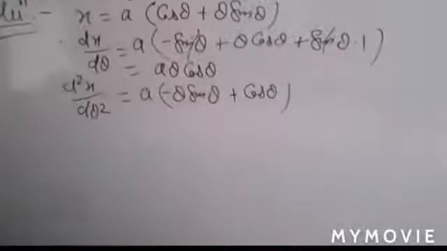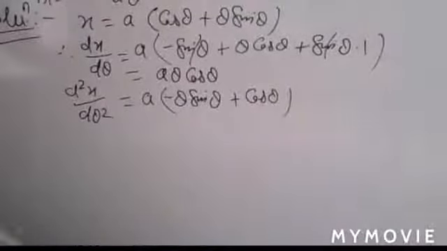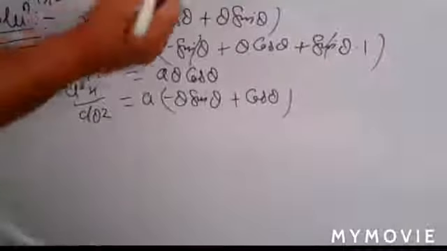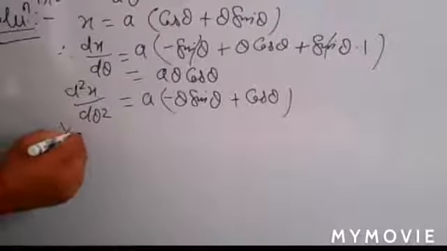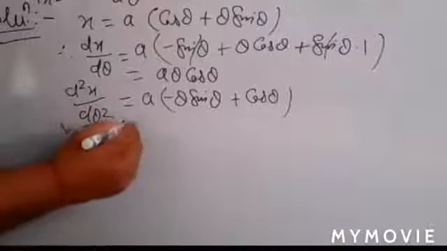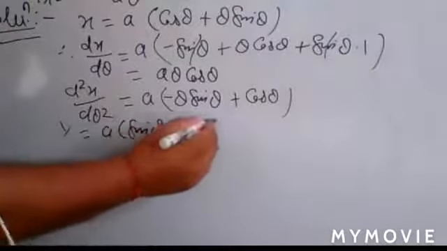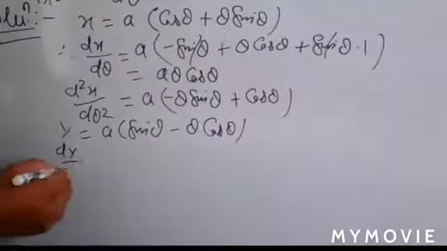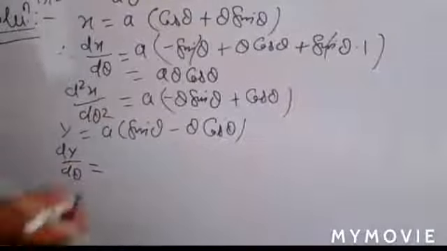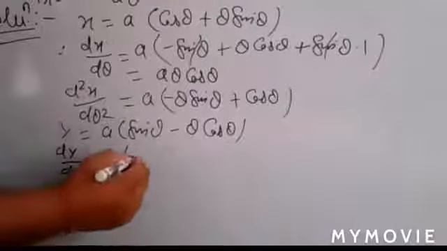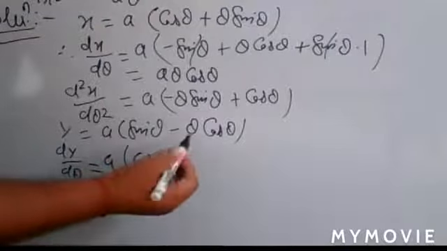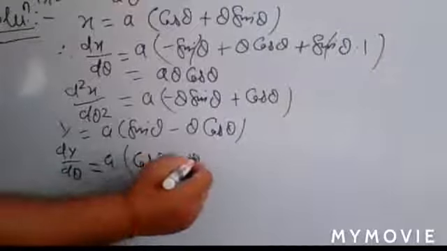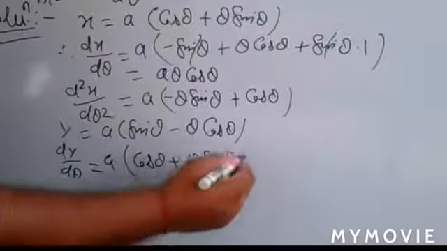Here we require the result of dy by d theta. So just solve here. y is equal to a into sine theta minus theta into cos theta. If you differentiate, dy by d theta is equal to a into, applying product rule, cos theta minus first function into differentiation of second, sine theta.